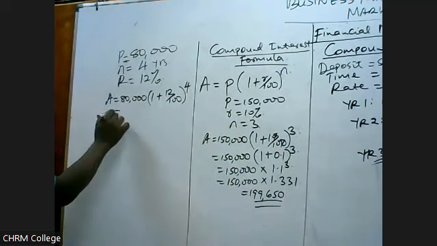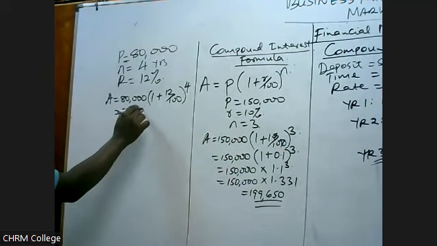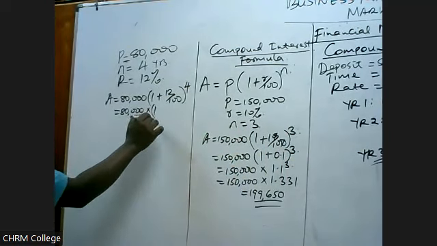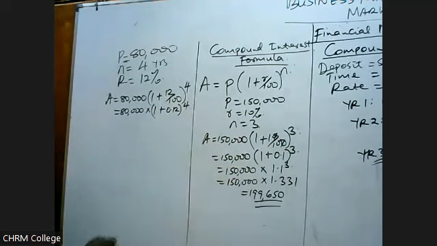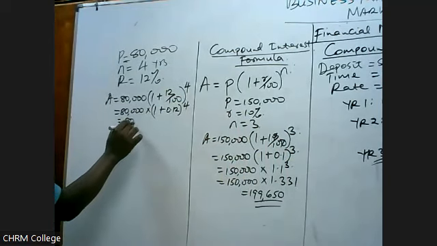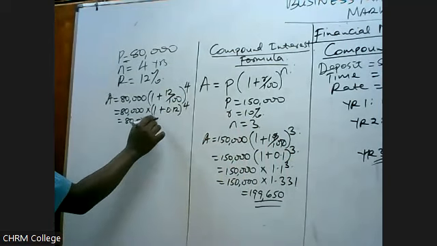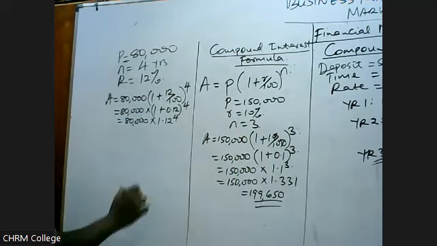So this will be 80,000 times 1 plus 12%, which is 0.12, raised to the power 4. This is the same as 80,000 times 1.12 raised to the power 4.